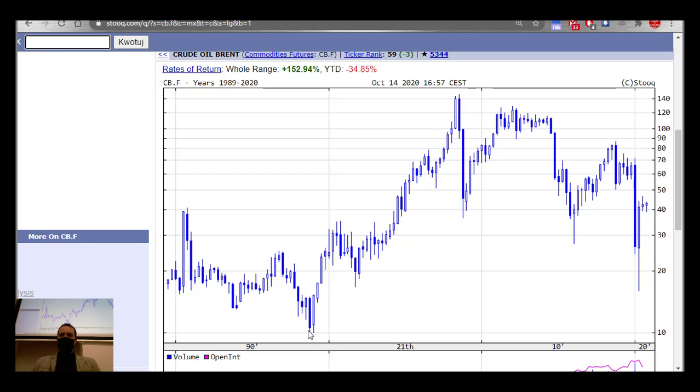That was the period of the Russian crisis, when Russia went to default, and the IMF and G8 countries had to bail them out. That was the end of the Yeltsin era and all the anarchistic period of Russia.